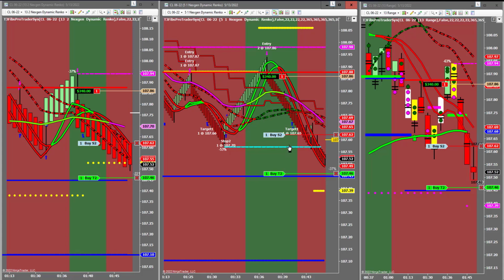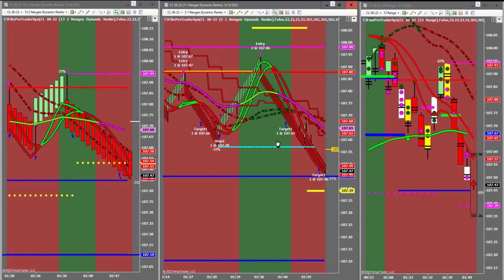That allows me to pull my stop down, and I get my stops really tight as we start to get close to targets, Fibonacci targets like we are here. Usually they just finish the move pretty quickly.